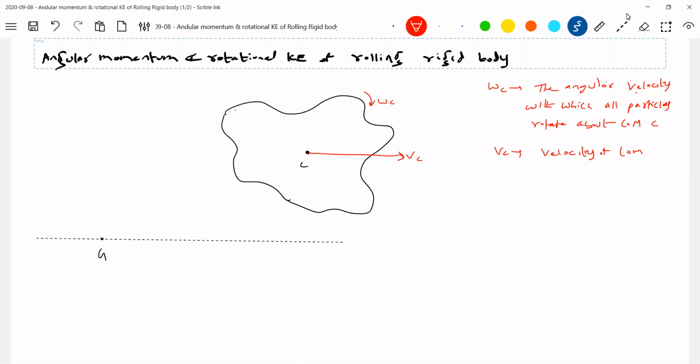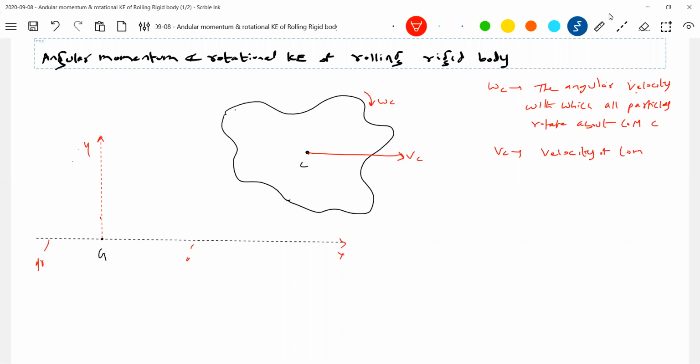Now, what is its angular momentum about an axis passing through point G and perpendicular to the plane? We define the angular momentum about the z-axis, about point G, or the origin, which I'm taking on the ground.